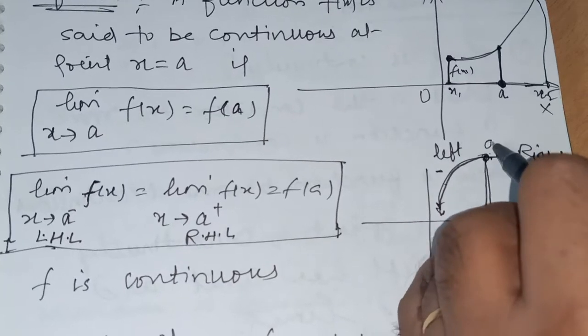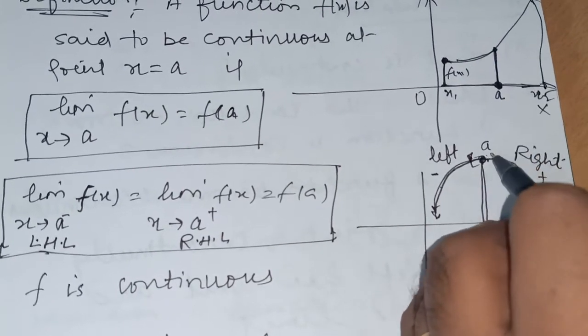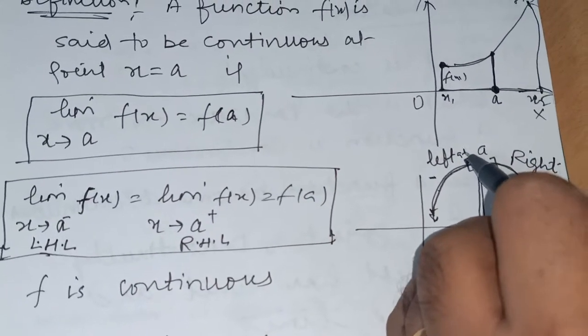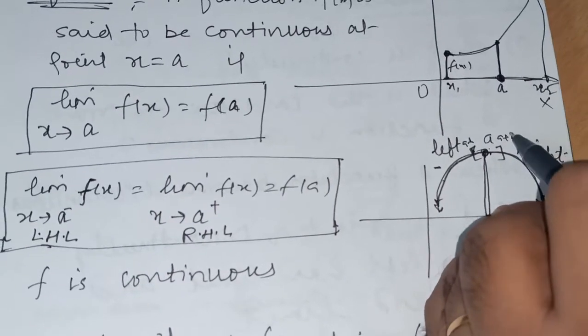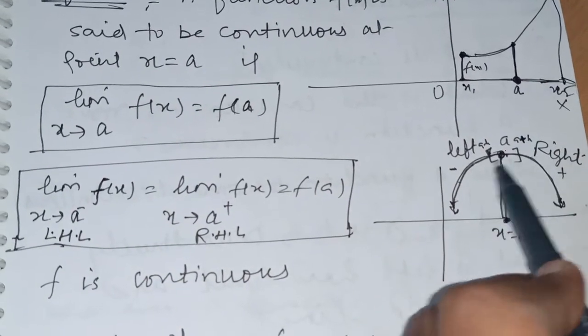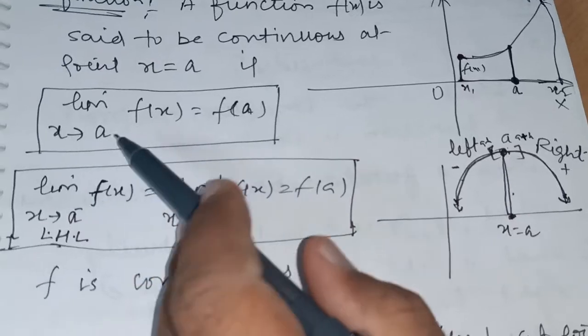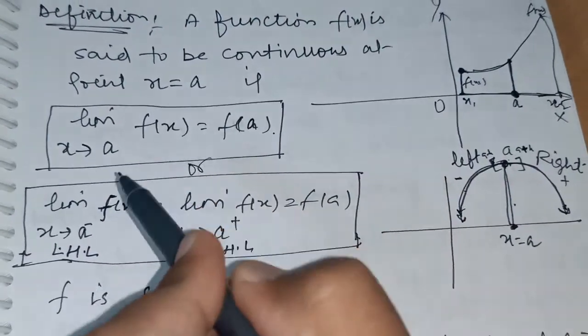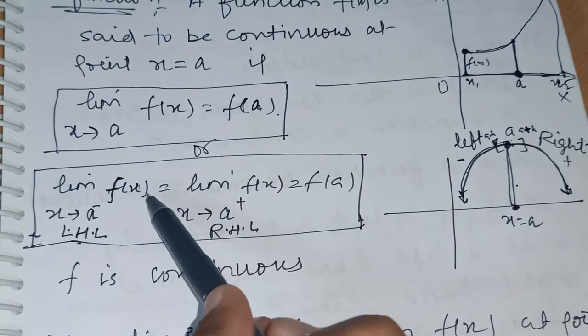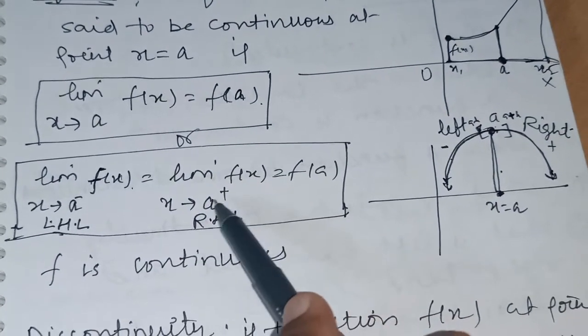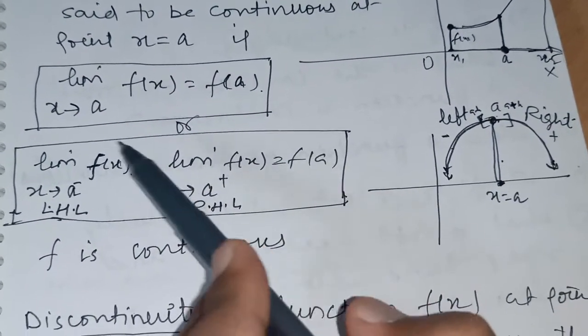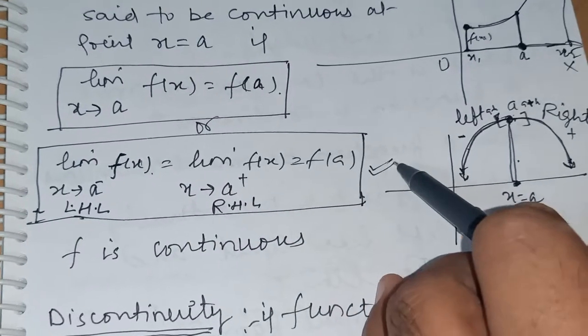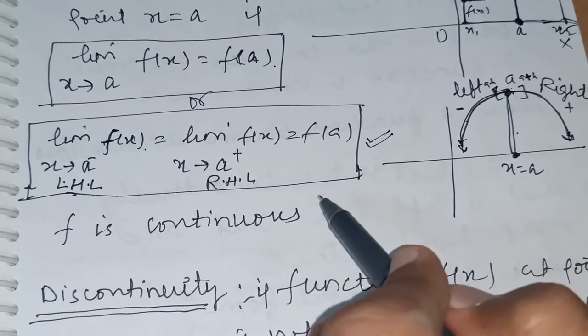If a is your point, its neighborhood is like a minus h and a plus h, which we have already discussed. So limit x tends to a negative f(x) is equal to limit x tends to a positive f(x) is equal to f(a). If these conditions are satisfied, then we can say the function is continuous.